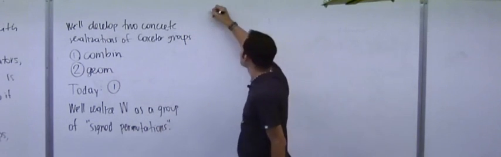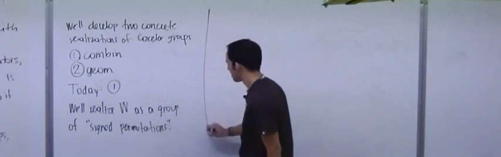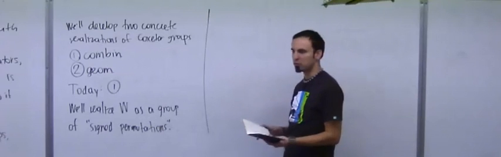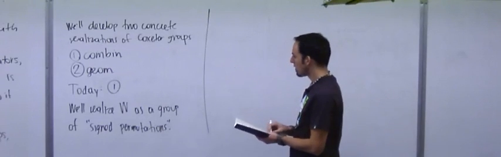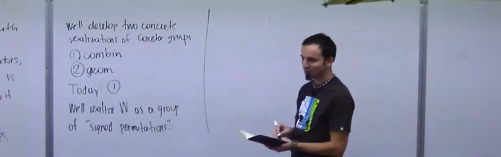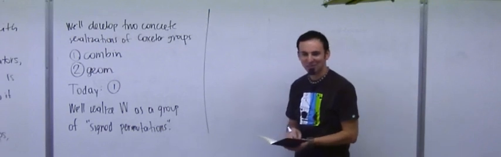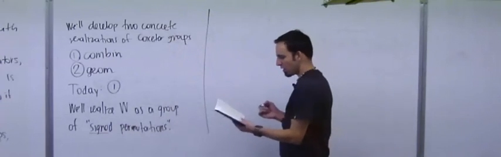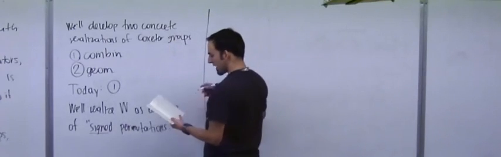Okay? So this is the plan for today. This is what I'm going to do today. So that should be the first thing I do. I'll tell you what I mean by signed permutation. So let's talk about that first.